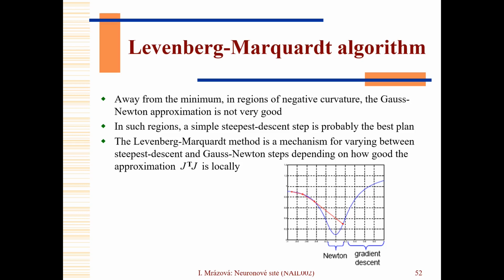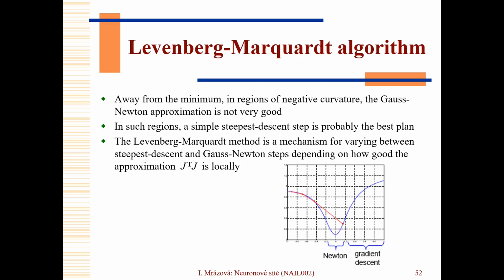Anyway, if we are away from the minimum or in the regions of negative curvature, although the Gauss-Newton approximation wouldn't work well in these regions, we still have some kind of remedy that corresponds to the part where we take into account the standard backpropagation, the gradient.